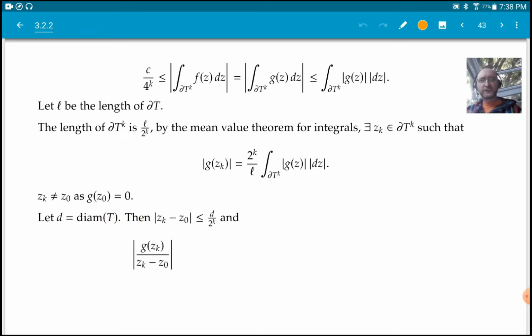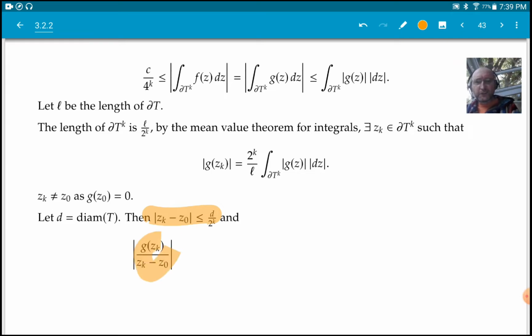All right? So let's now show that this thing cannot go to 0. Basically, we've produced a sequence of points zk that go to z0, which is clear because they're in these nested triangles whose intersection is just z0, right?